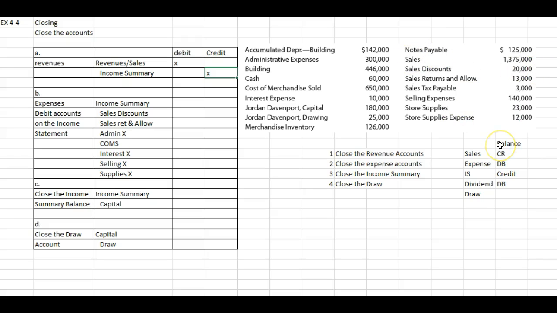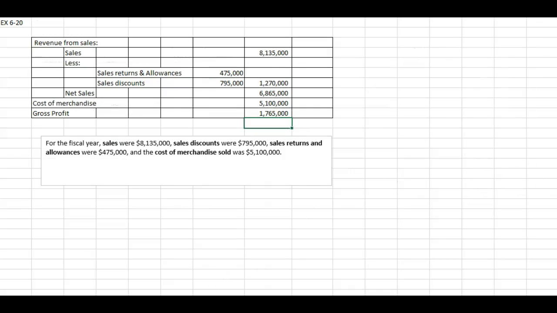Okay. So now we have two new accounts here. And remember how I said sales discounts and sales returns subtract from your income? Well, those are added to the closing accounts here now. Because when we did the cost of goods sold here, remember? When we did this, this was our sales, and we subtracted these two.